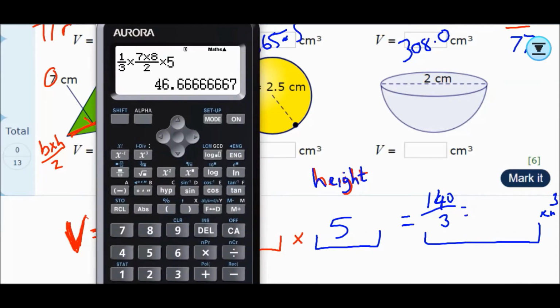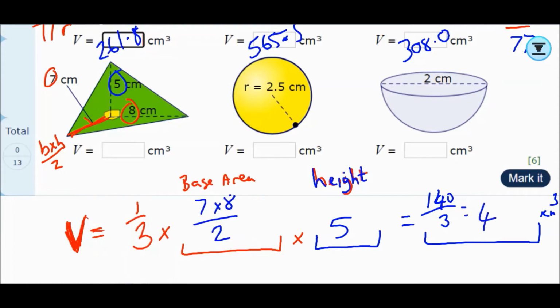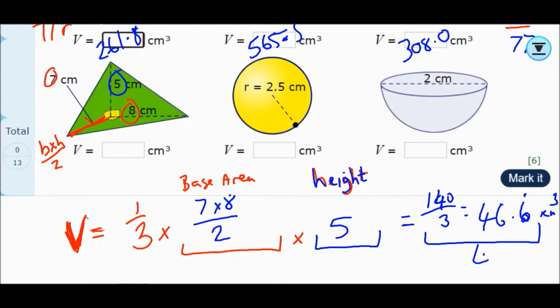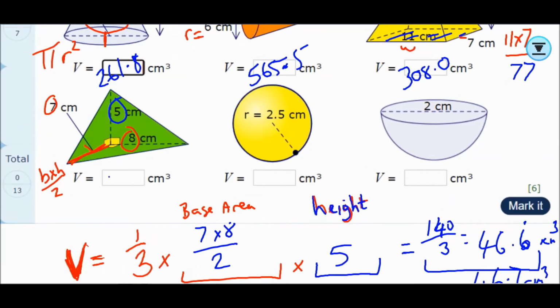Press F to D, which gives me 46.6 recurring. Now if I want it to 1 decimal place, I'm going to have to round that up to 46.7 to 1 decimal place. 46.7.